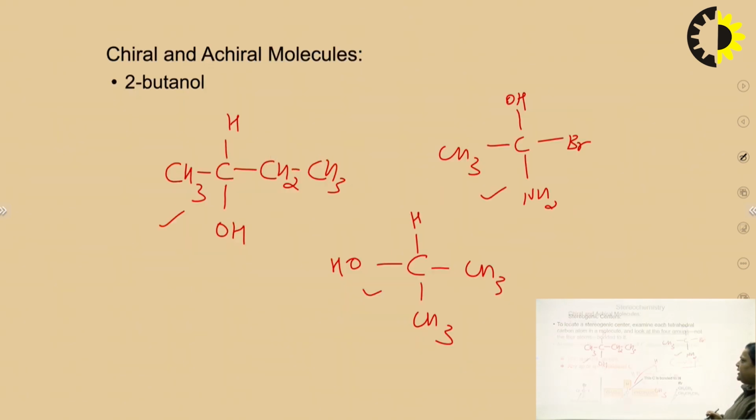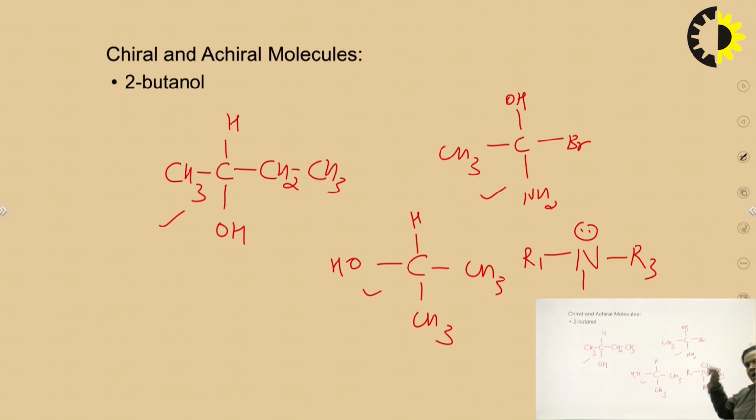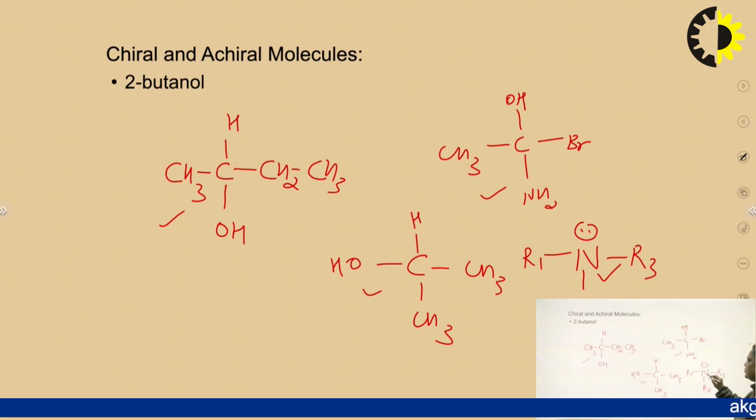For example, in the case of nitrogen with R1, R2, R3, and there is one lone pair. In this, all 3 groups are different and one is a lone pair. So the nitrogen is sp3 hybridized and the groups are different. So this nitrogen is a stereogenic center and this will be called chiral.